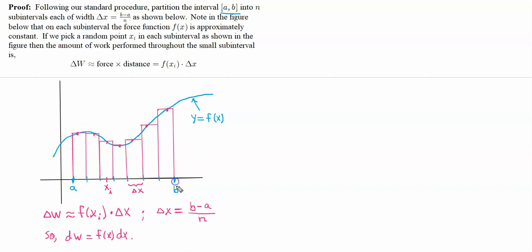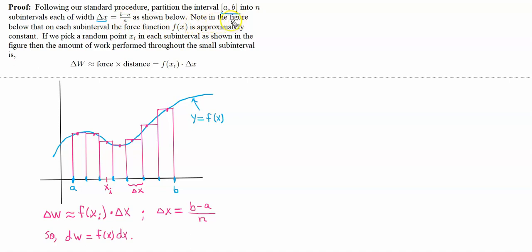It ends at position b. We take this interval and cut it into small subintervals like this. Each of those subintervals is of width delta x, which is b minus a divided by the number of subintervals we have, n.